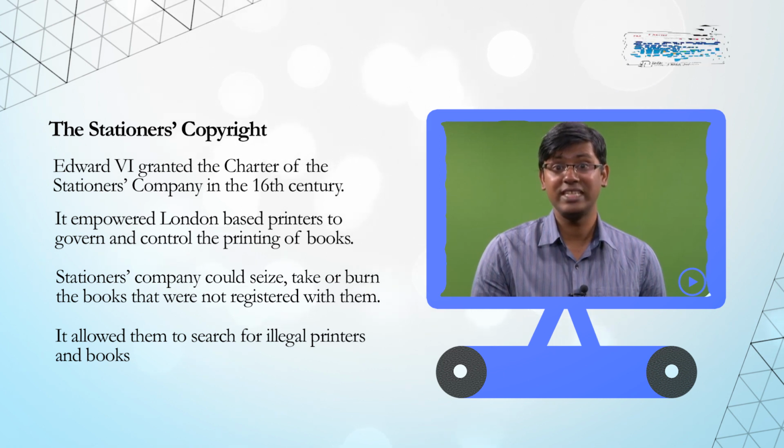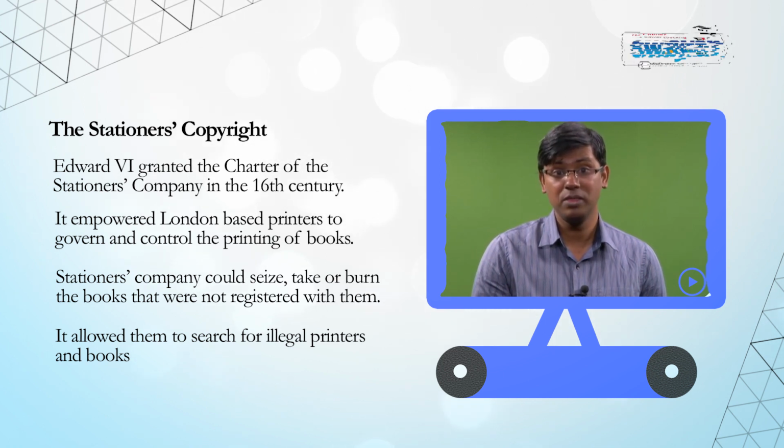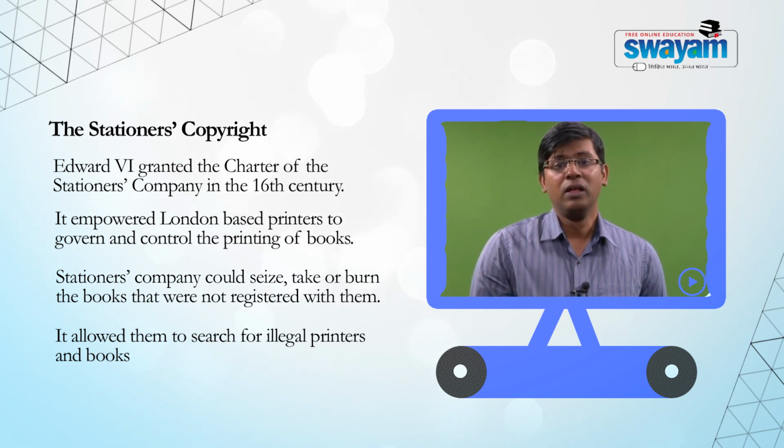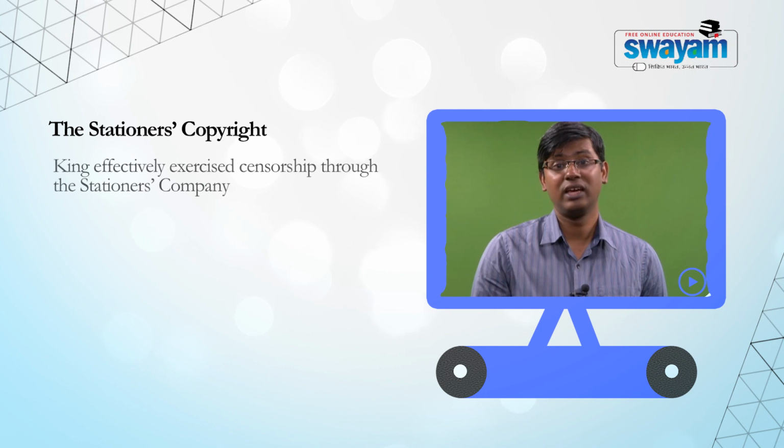They had the seizing power. They could burn the books that were not registered with the Stationers' Company. Later on, the king effectively exercised the censorship through the company. So, in effect, you had a chain system wherein the king would largely act through the Stationers' Company.